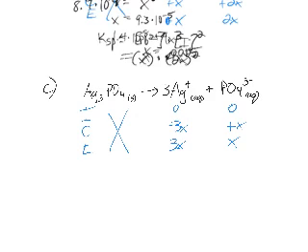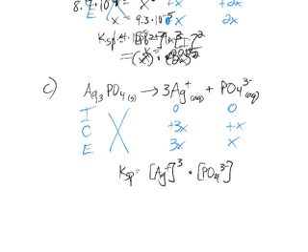And just like before, after fleshing out the ice table, we'll write an expression for KSP and plug in the values that we know. Note that the silver concentration must be cubed because of the coefficient 3 that we needed in the ice table and in the dissociation equation.